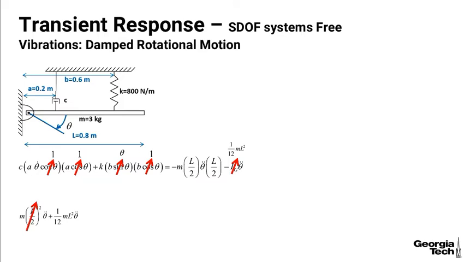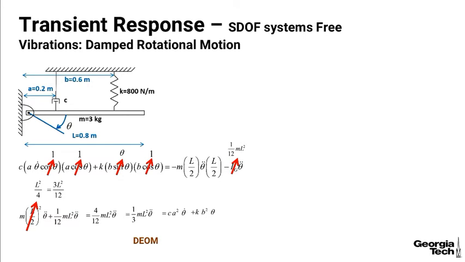And then collecting terms, I get mL/2 squared, which is L squared over 4, plus 1/12 ml squared, theta double dot. That is 4/12 ml squared theta double dot, which equals 1/3 ml squared theta double dot. And then I have my damping term and my spring term.